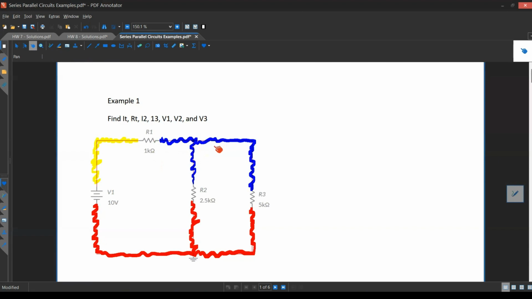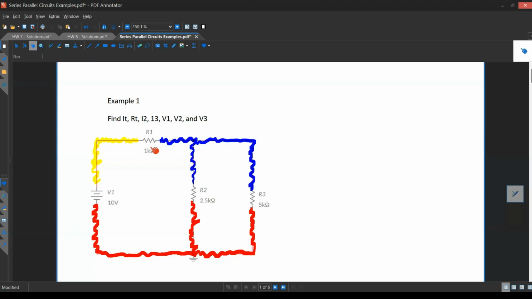Remember, in order for two resistors to be in series, they have to have the same current, meaning that the same current has to flow through R1 and whatever resistor that it is in series with.